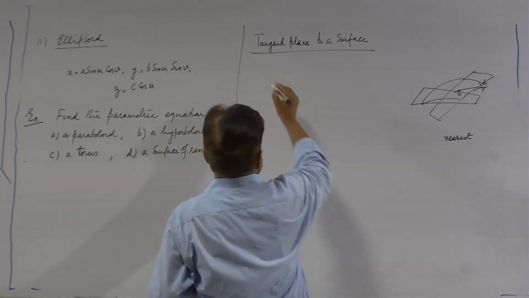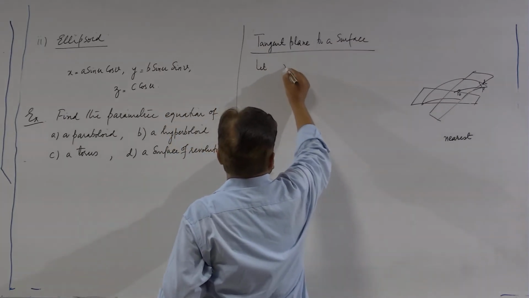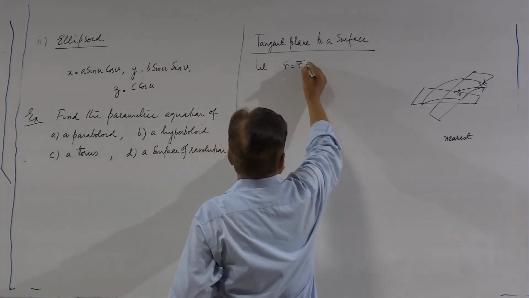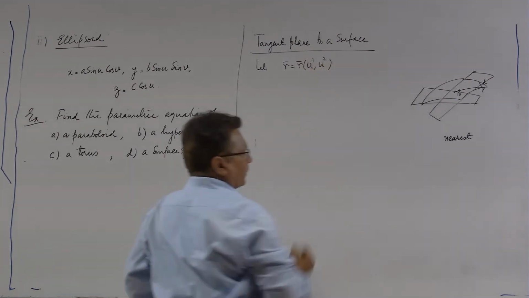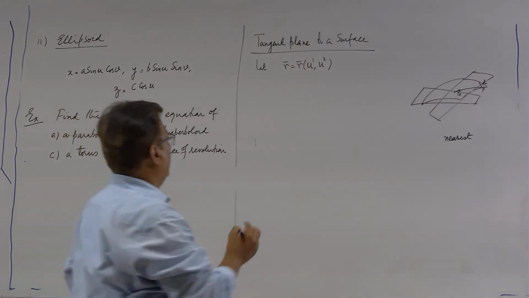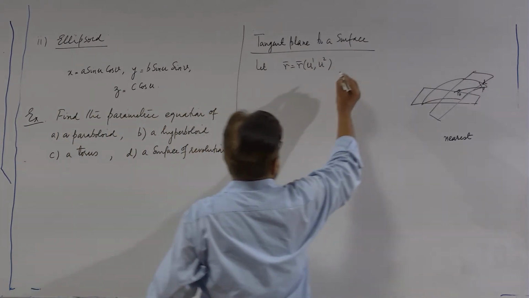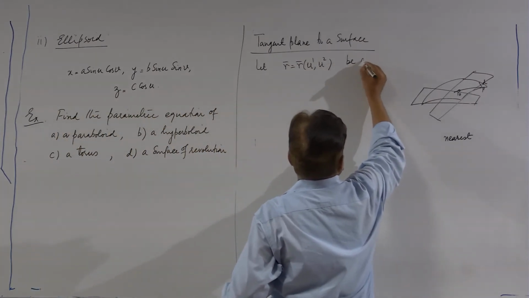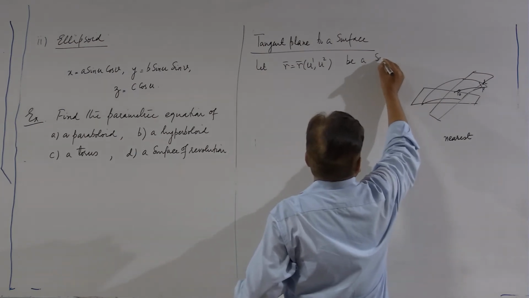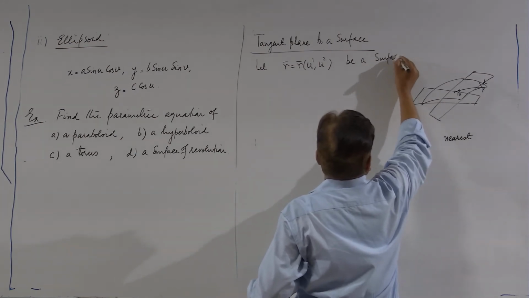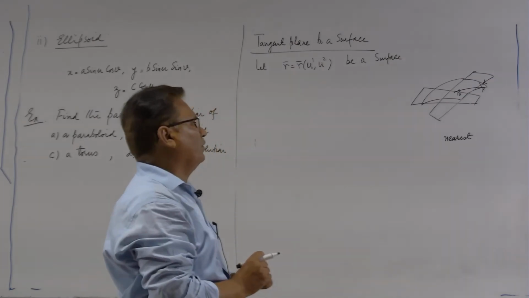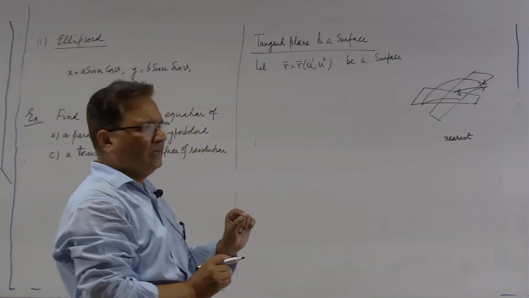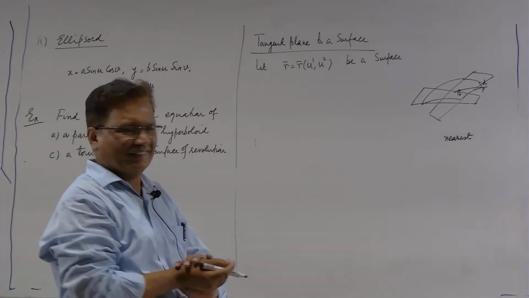So, let r equal to r of u1, u2 be a regular surface. It may have a singular point somewhere, we do not mind, but the point where we are looking for a tangent plane must be a regular point.